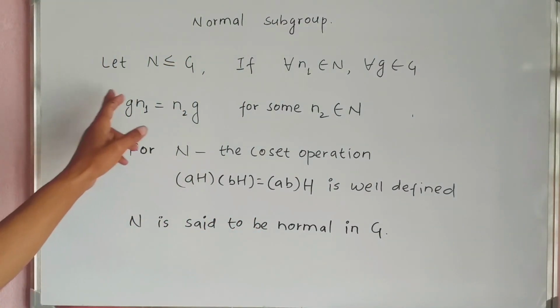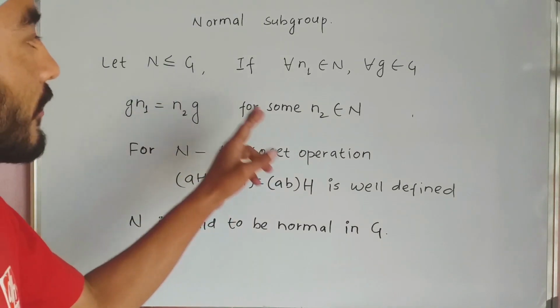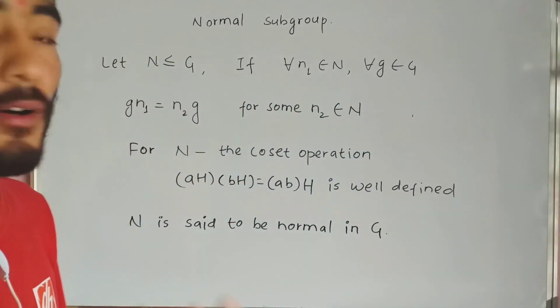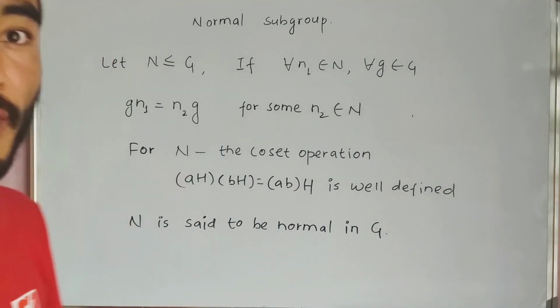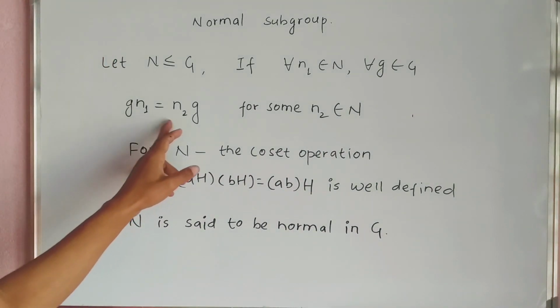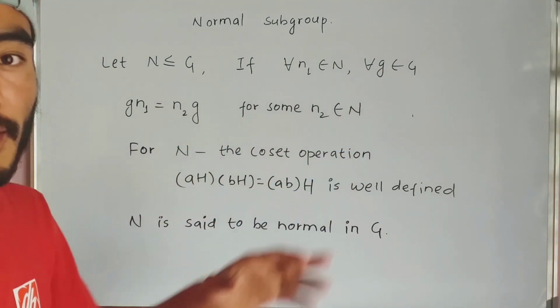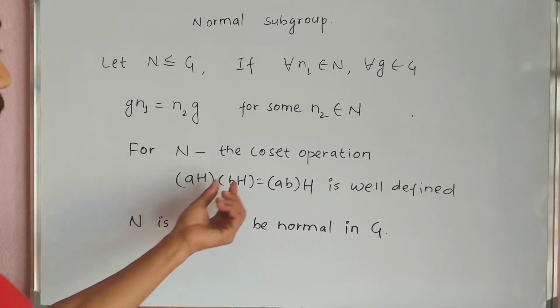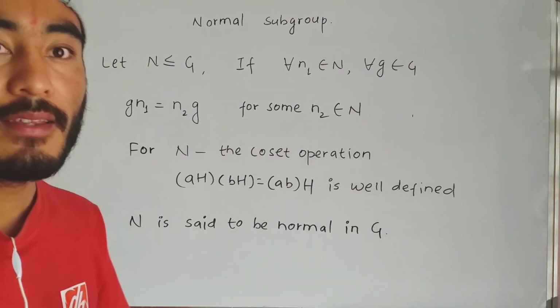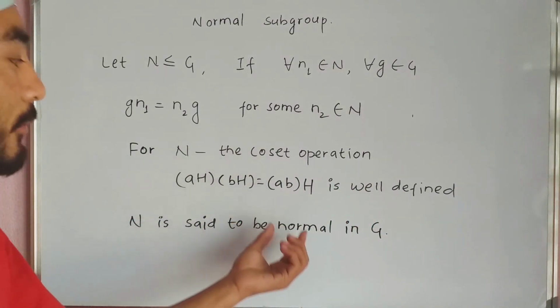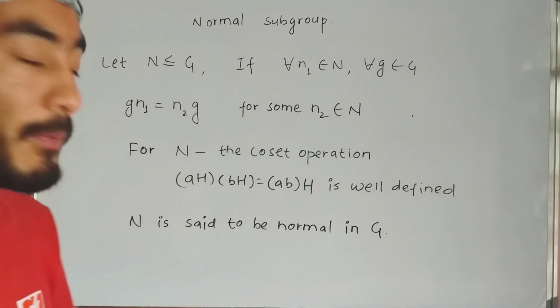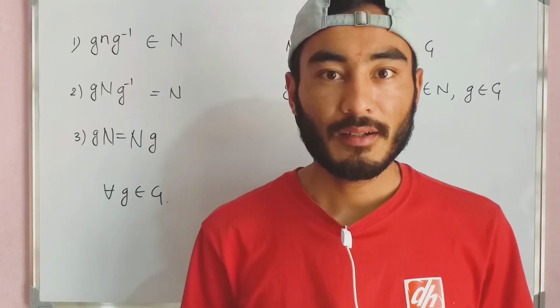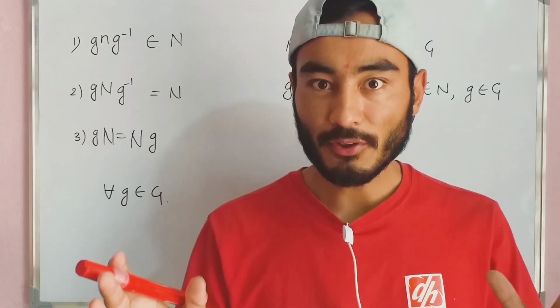Let N be any subgroup of G. If for all n1 in N and for all g belonging to G, we have gn1 = n2g for some n2 in N, that is, for N the quotient operation aH·bH = abH is well defined, then N is said to be a normal subgroup in G, or simply normal in G.